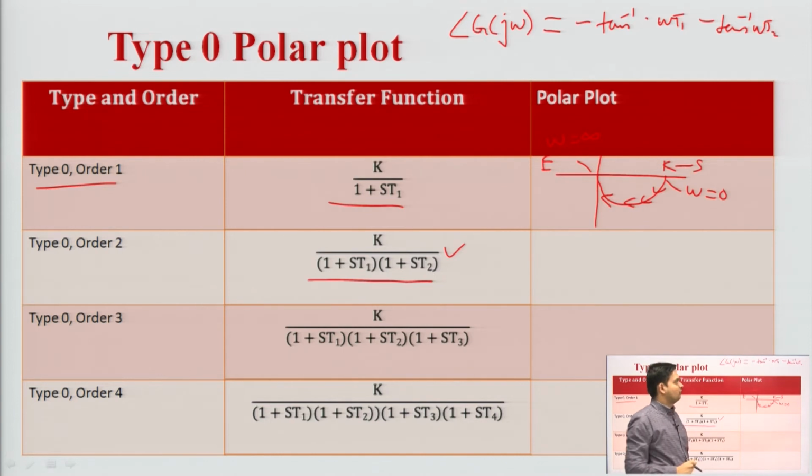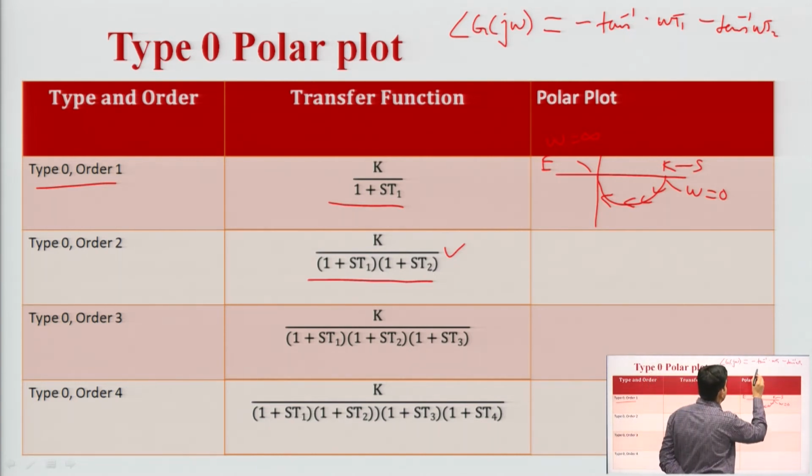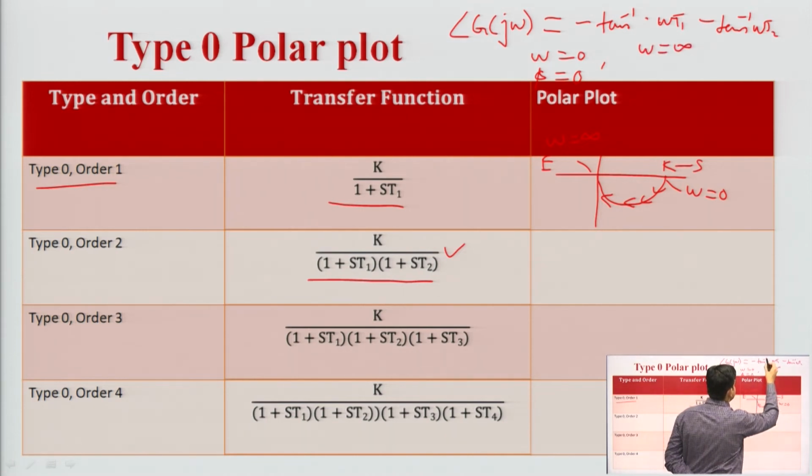Again, this phase is a function of omega. Whenever my omega is 0, this phase is 0. When my omega is infinity, each term would be minus 90, so minus 180 in total.